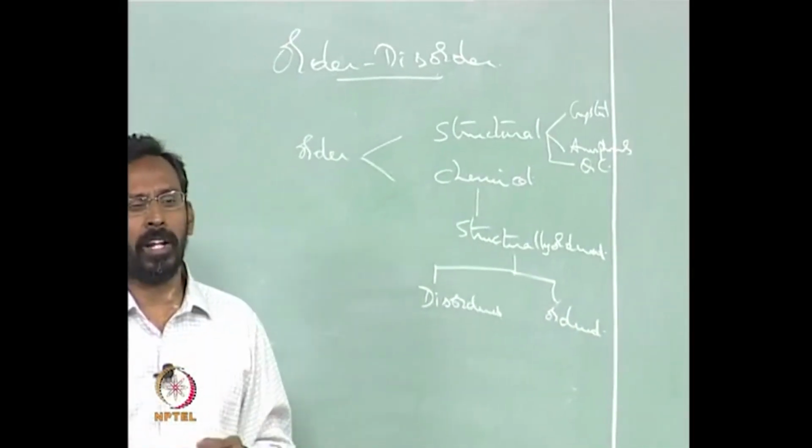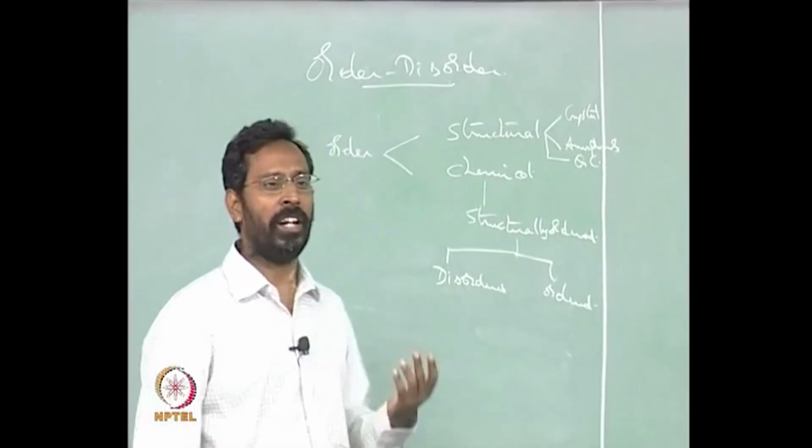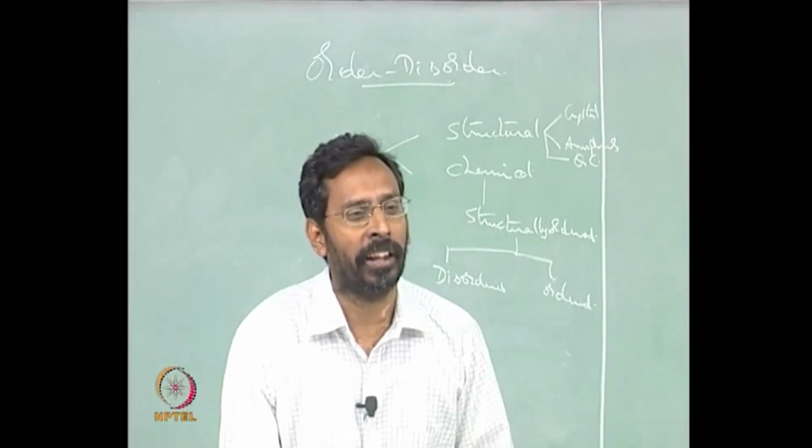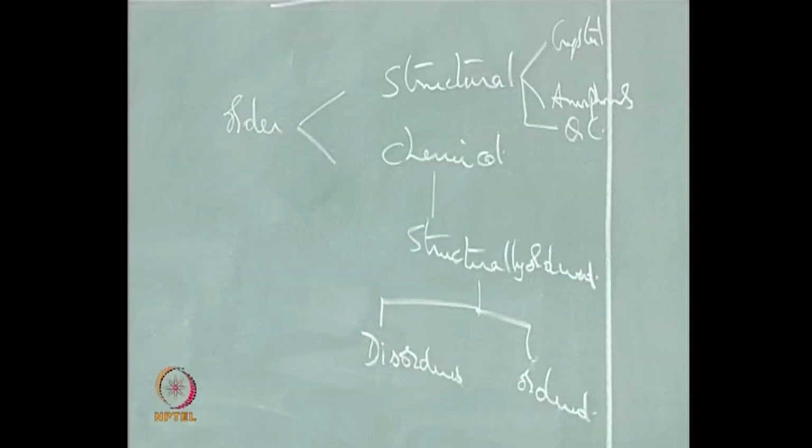There is no possibility of looking at a structurally disordered material and looking for a chemical order there. And similarly, when I say chemical order, we are talking about long range chemical order. We are not talking about short range chemical order here.